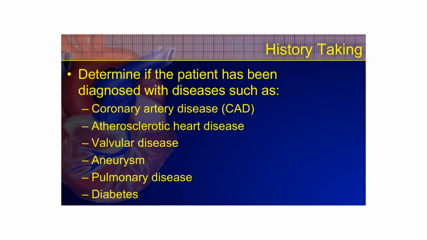You're going to ask specifically about their medical history and if they've been diagnosed with any of the following: coronary artery disease, atherosclerotic heart disease, angina, previous MI, hypertension, heart failure, anything like that, valvular diseases, aneurysms, pulmonary diseases, diabetes, renal diseases, vascular diseases, inflammatory cardiac diseases, like your endocarditis, pericarditis, myocarditis, previous cardiac surgeries, your CABG, do they have a CABG scar, any of that?